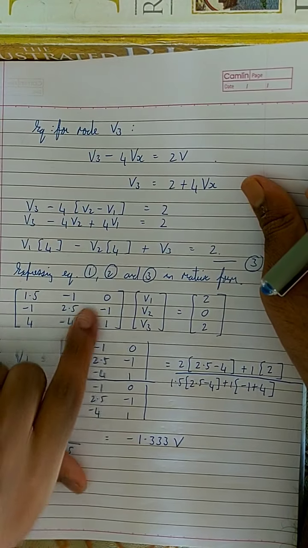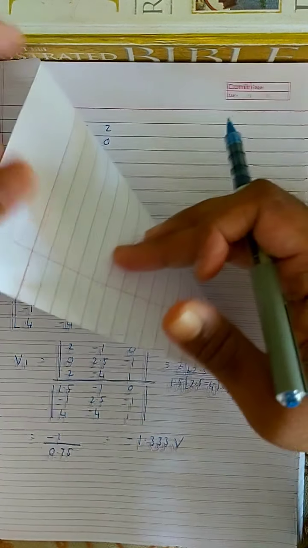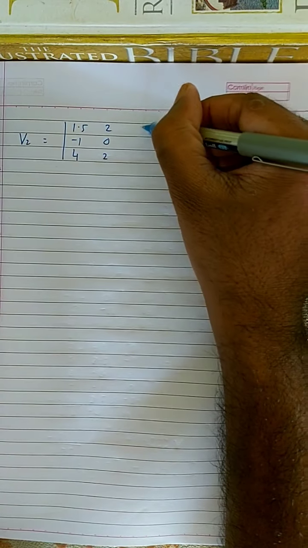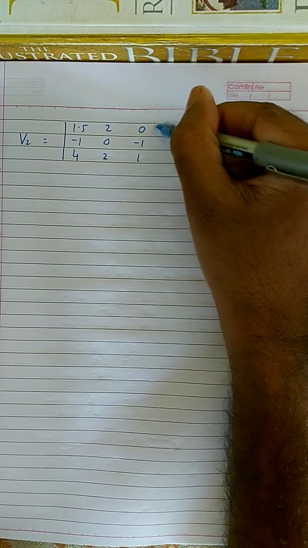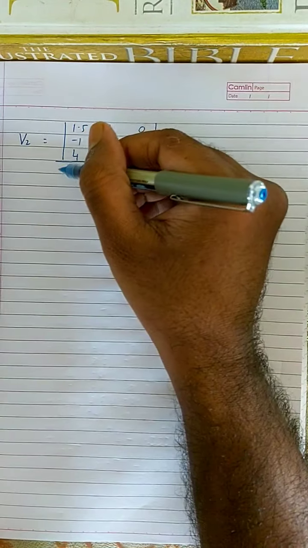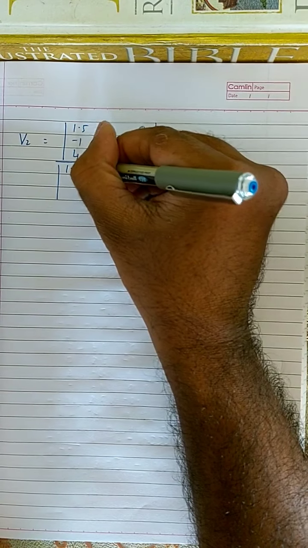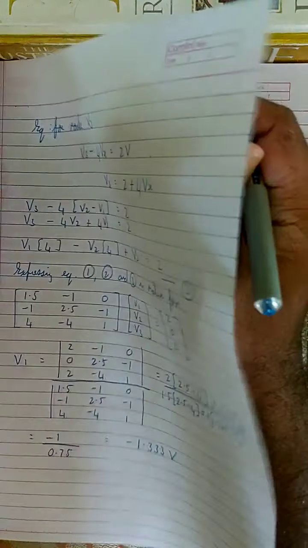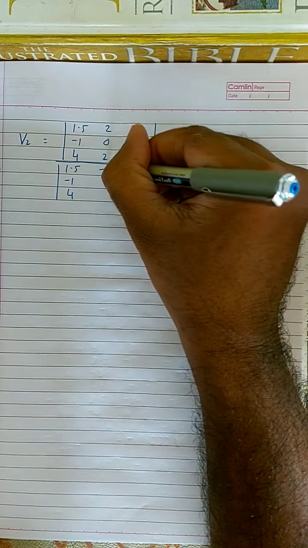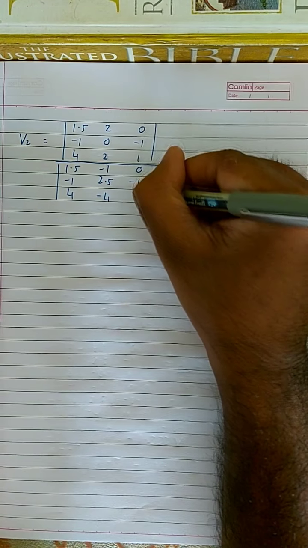And the third column will be the same, 0, minus 1, 1, divided by, okay, and the denominator is 1.5, minus 1, 4, minus 1, 2.5, minus 4 and 0, minus 1, 1.